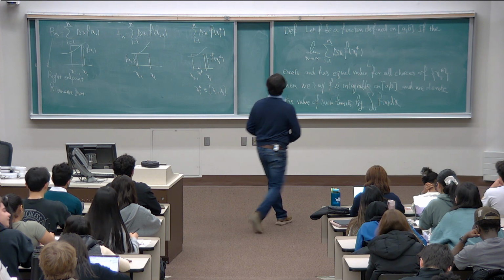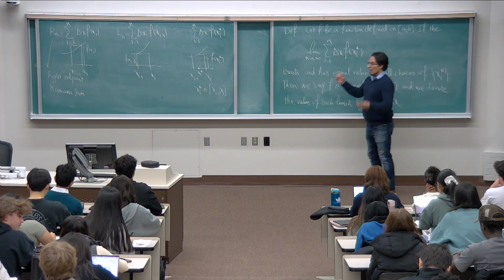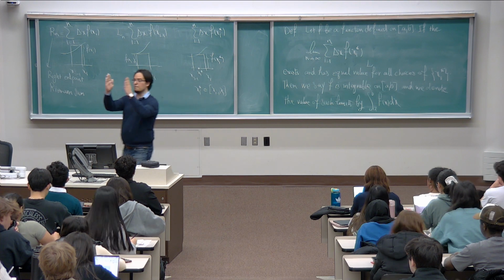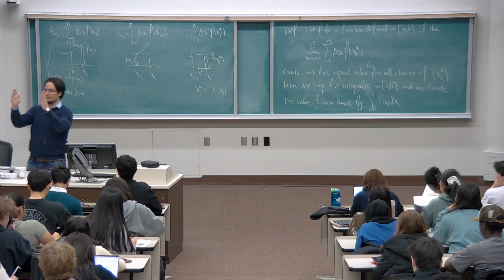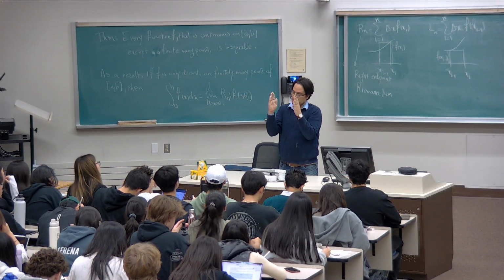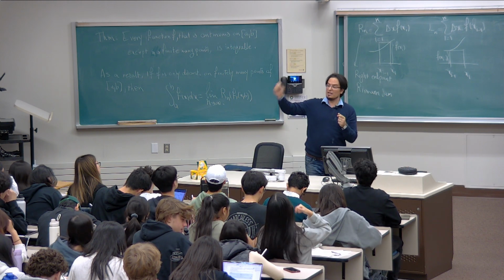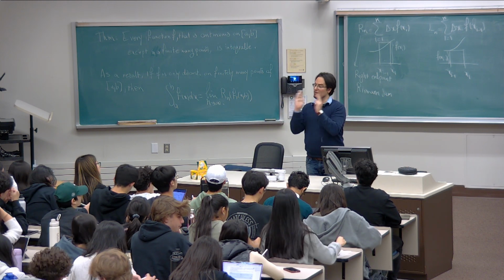Well, the difference here is that I give you the i-th subinterval, okay? How many points can you choose between x_{i-1} and x_i? Infinitely many choices you have. For each subinterval, you have infinitely many choices.